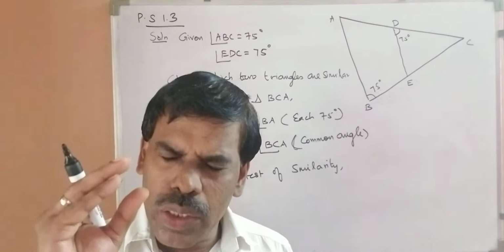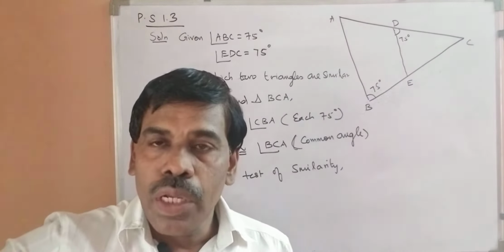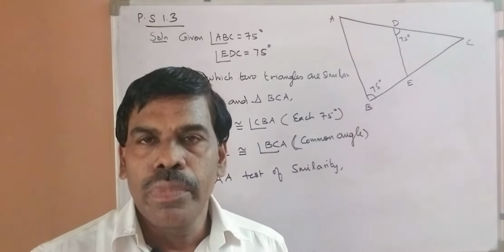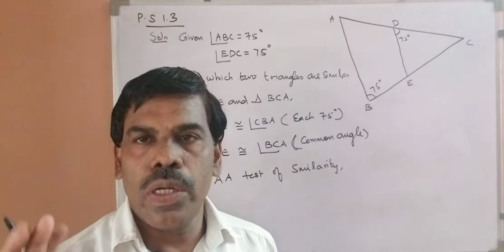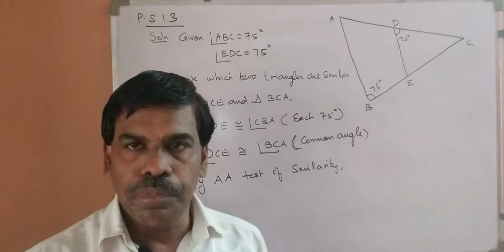If two angles of one triangle are congruent to corresponding two angles of the second triangle, then the two triangles are said to be similar by AA test.